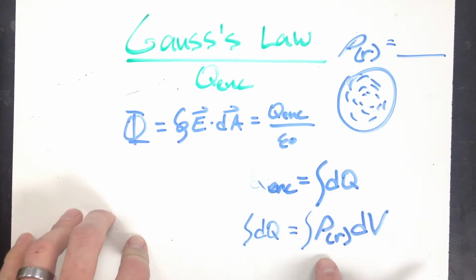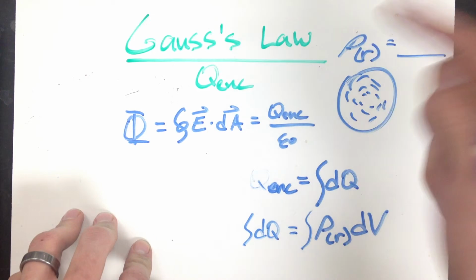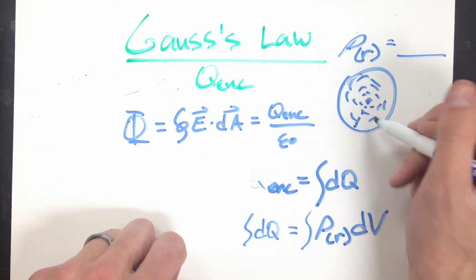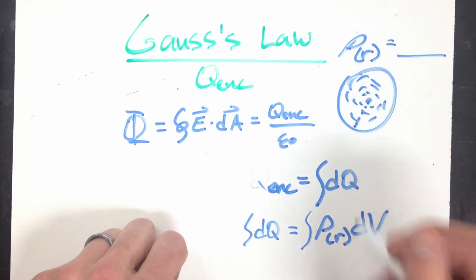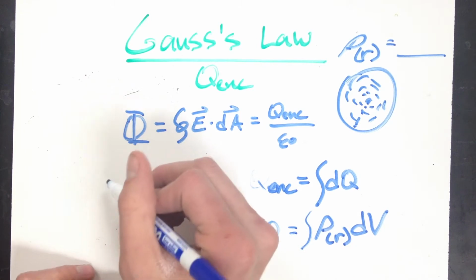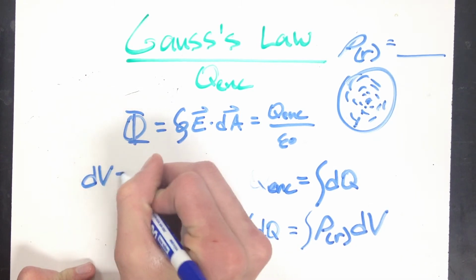Now, generally this rho r is going to be a function of where you are inside the sphere, so it will be a function of little r. Well, what I can do is replace dV, how my volume is changing.